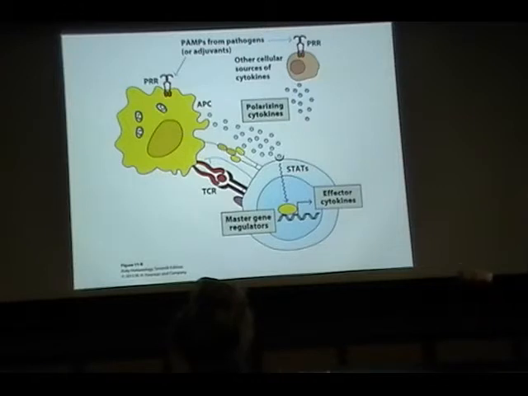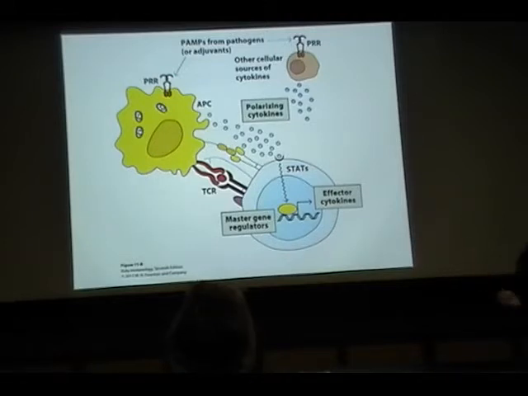And since the word is here, polarizing cytokines. When a unique pattern recognition receptor is triggered, it's unique because the pattern recognition receptor will only recognize patterns of a particular type of pathogen. Therefore, a unique pattern or protocol of cytokines is made by the antigen cell.